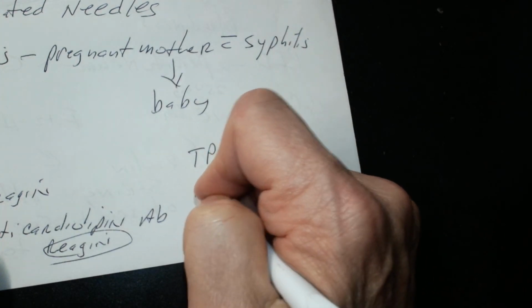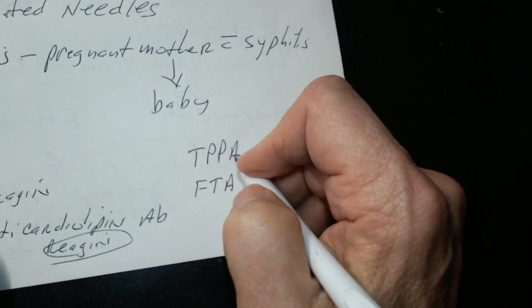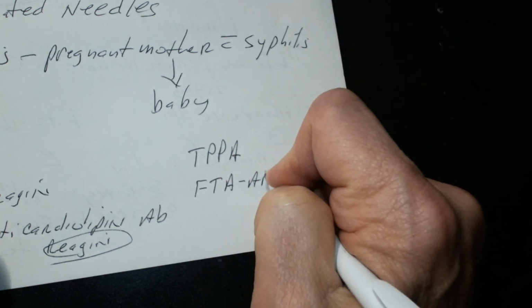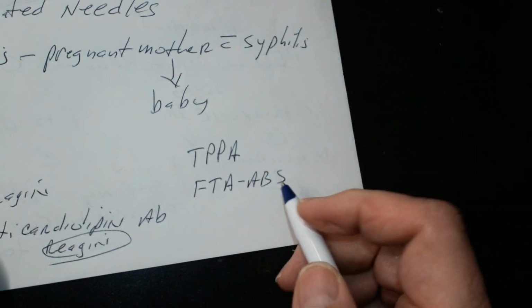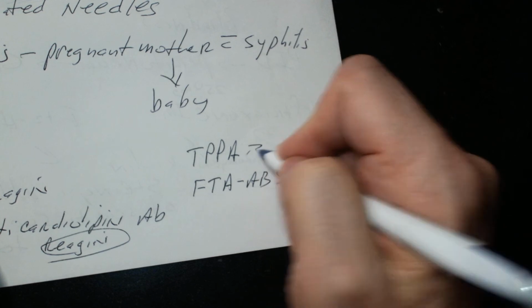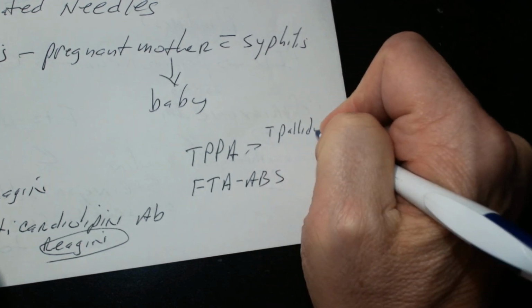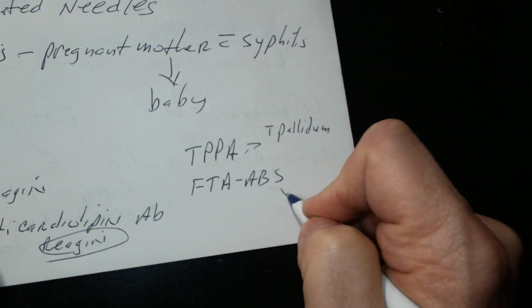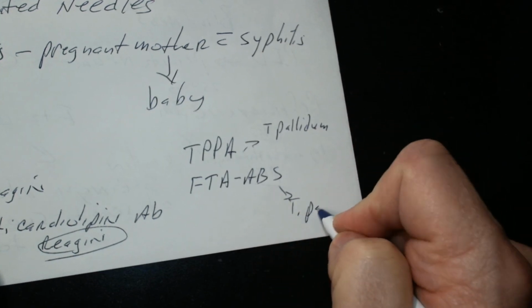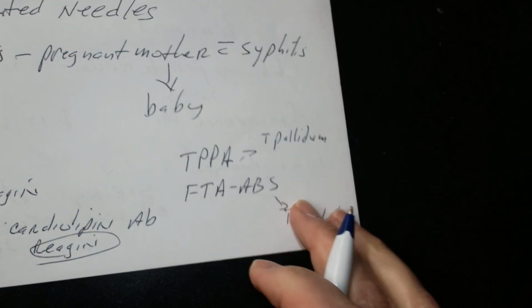And then there's a fluorescence treponemal antibody absorbed test. And both of these will actually detect the organism itself. So these are more specific to Treponema pallidum, and these are commercially available.